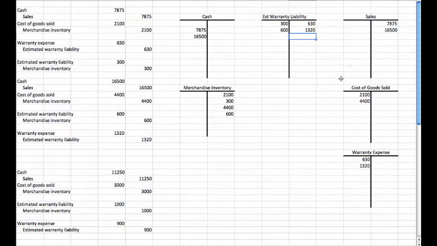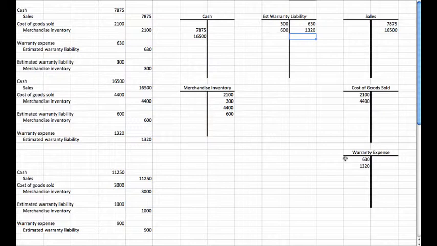However, these temporary accounts will be closed at the end of the fiscal year, and when they're closed, these accounts will be zeroed out so that we can start all over, so that we can recognize sales, cost of goods sold, and warranty expense for 2008. If you don't recall the discussion here, go back to the chapter where we were talking about adjusting journal entries, and the adjusting journal entries were specifically related to closing of the books.